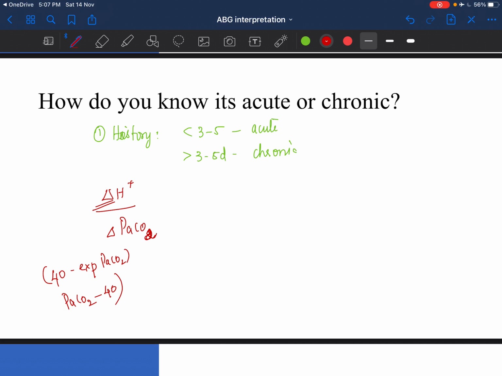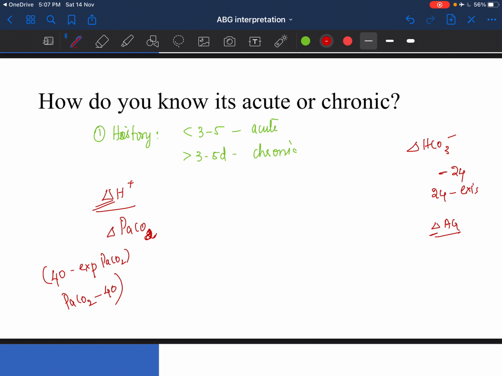So, remember that. When I say delta bicarbonate, it means existing minus your 24 or your 24 minus your existing. When I say delta anion gap, again it means your normal anion gap of 12 or 16, depending upon how you have used the formula, minus your calculated one, or calculated minus your 12 or 16.